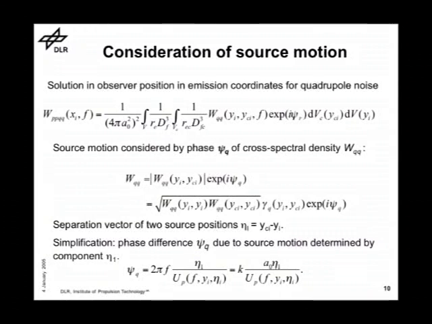This cross-spectral density has a magnitude and a phase, and the motion is in this phase. The first simplification I now introduce is that the phase difference is determined only by the separation in the axial direction, divided by the phase speed. The phase speed is the convection speed we saw in the previous talk.